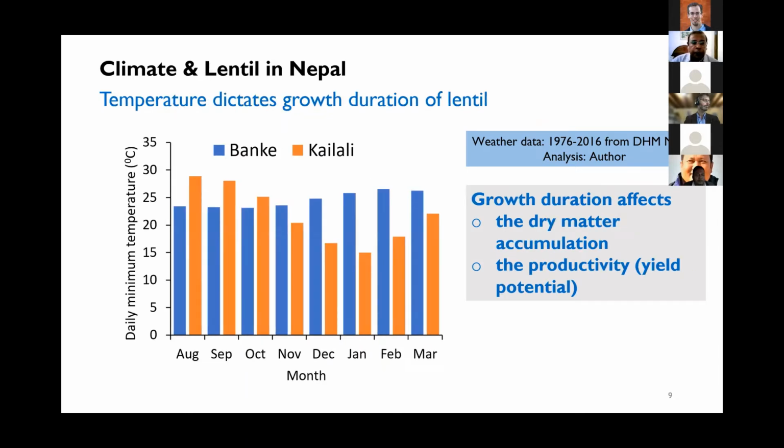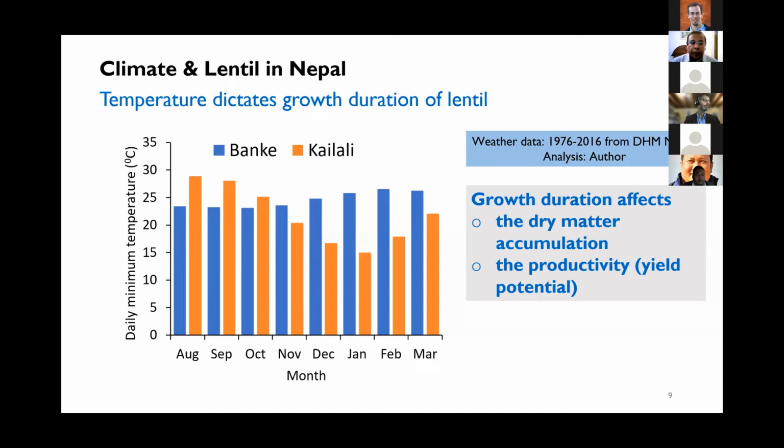Now, temperature, on the other hand, dictates the growth duration of lentil. In Kailali, as shown in the orange bar, there is a pleasant decreasing temperature from August to January, favoring good vegetative growth, and then slowly increasing temperature, favoring seed maturation.